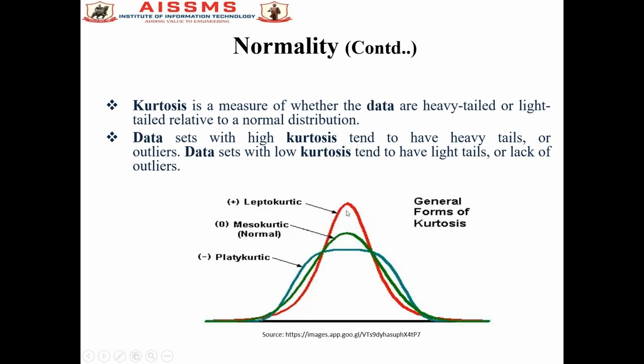This is a heavy tailed data set. And this light green graph shows data sets with low kurtosis, which tend to have light tails or a lack of outliers.